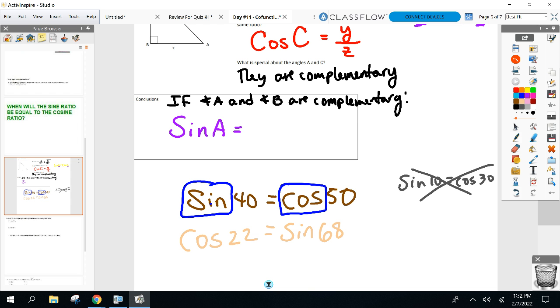The sine of A is going to have the same value as cosine B. Again, I'll stress it one more time: this is only true if your angles add to 90. You ready to try this out? We'll do a couple problems together and then go over the quiz, and you've got the rest of the time for homework. All right, let's do it.